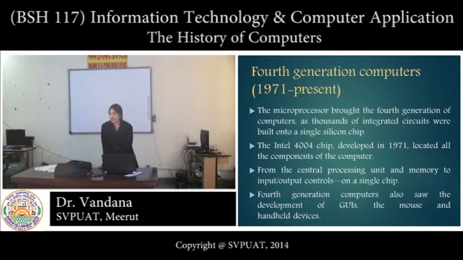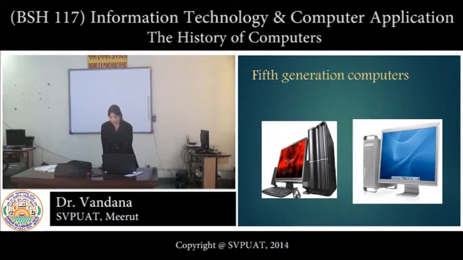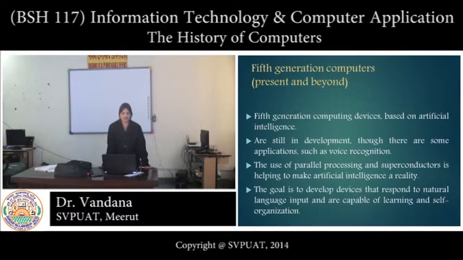And at last, the generation in which we are living, which is known as the fifth generation, started the use of artificial intelligence. It has started making computers artificially intelligent as human beings are.